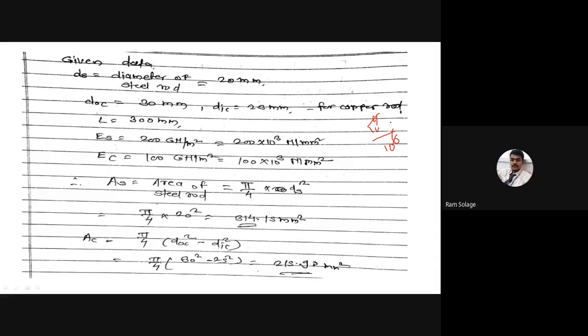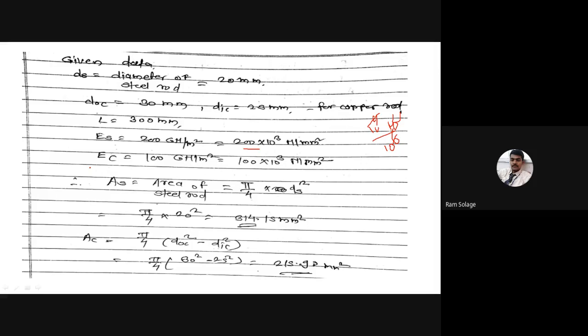In that, 10 raised to 9 gets cancelled, remaining 10 raised to 3. So we have to convert 200 into 10 raised to 3 Newton per mm square. And similarly, 100 giganewton per meter square is the Young modulus or elastic constant, 100 into 10 raised to 3 Newton per mm square.